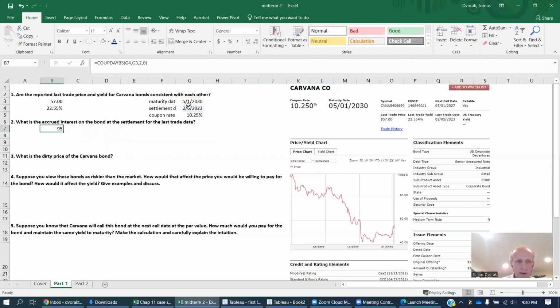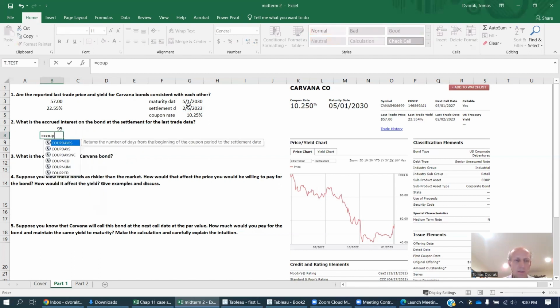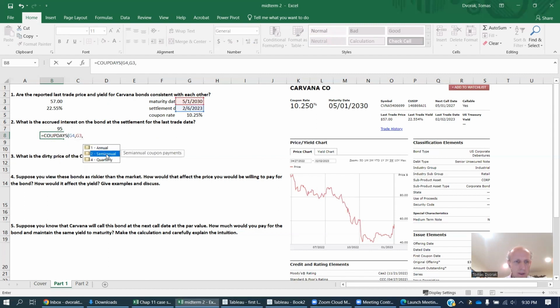And we have 95 days since the last coupon day. We're going to calculate how many days between coupons, the number of days in the coupon period that contains the settlement date. So that's going to, again, ask us for the settlement date, the maturity, the frequency, and basis. I'm going to close that. That's 180, 6 months.